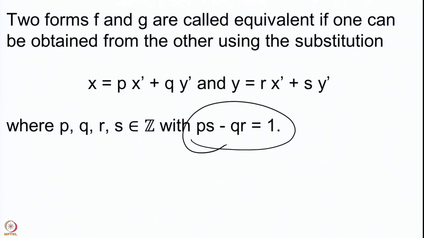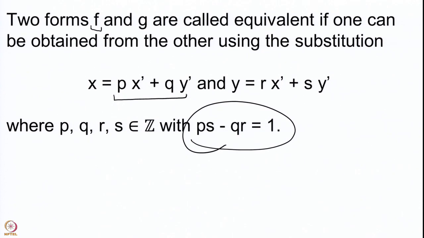So, you may have your form f which is given in terms of x and y. So, you have f equal to a x square plus b x y plus c y square. Now, if you put instead of x the value p x prime plus q y prime and instead of y the value r x prime plus s y prime, then you are going to get some expression in x prime and y prime which will remain homogeneous of degree 2 because our substitution is homogeneous of degree 1.